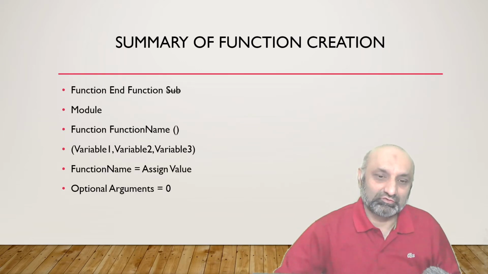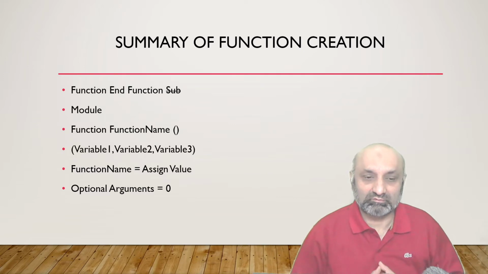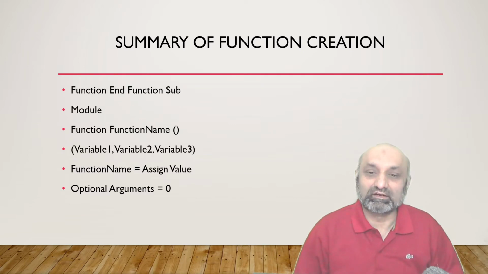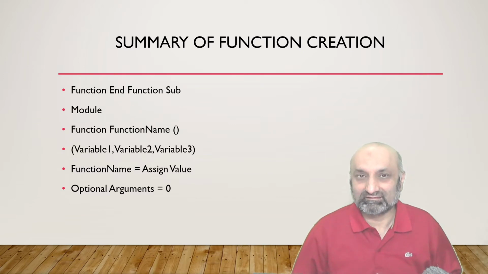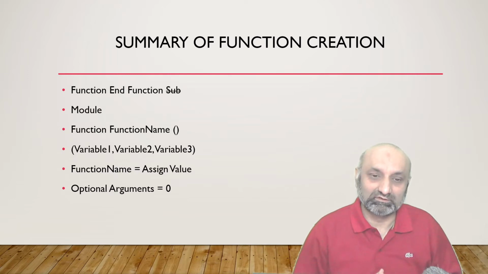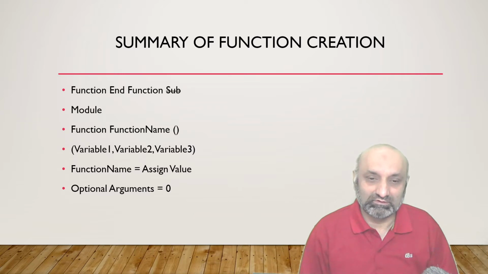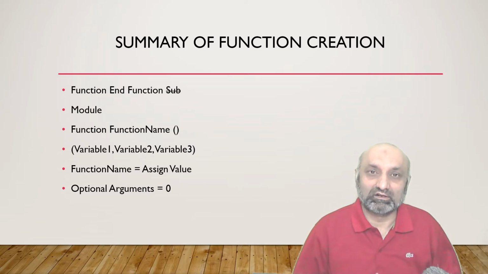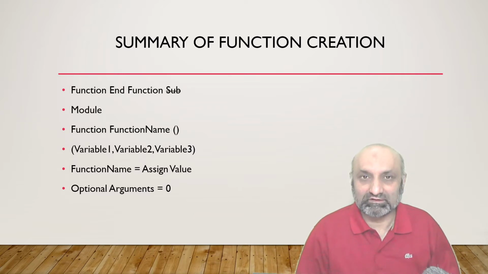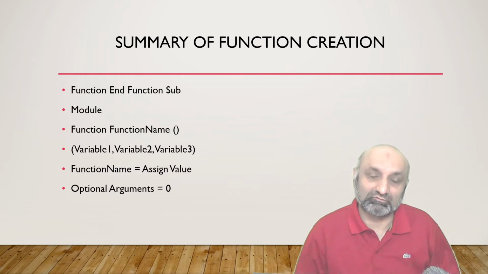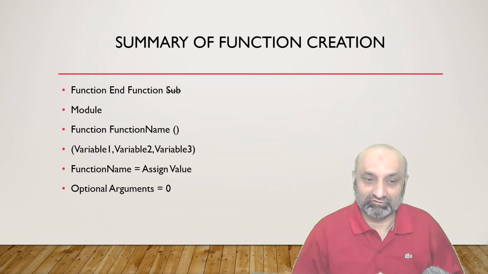In the last video, we talked about how to create a customized Excel function. Such a function is placed in a module and, unlike macros, it doesn't start with the word Sub. It starts and ends with Function and End Function.